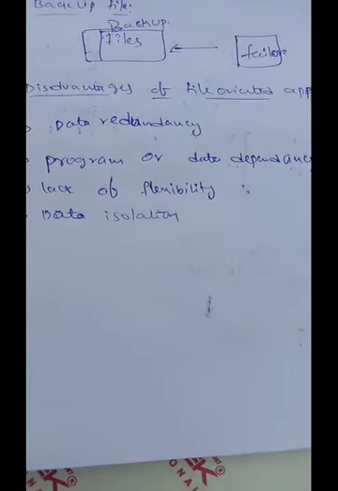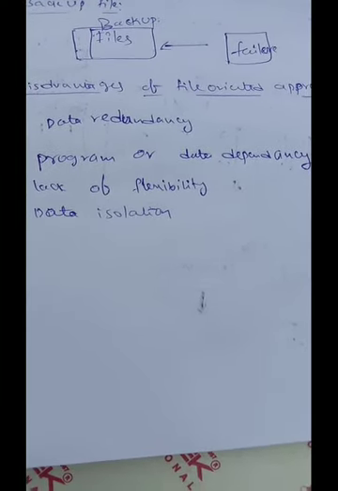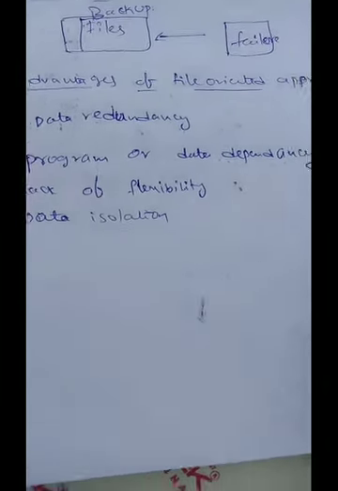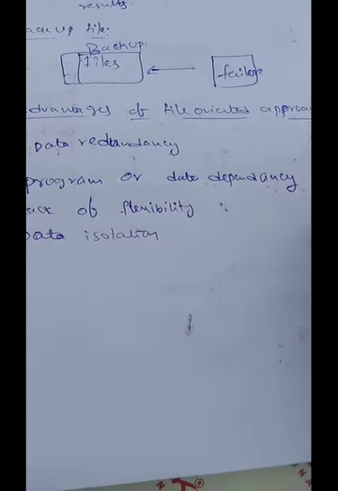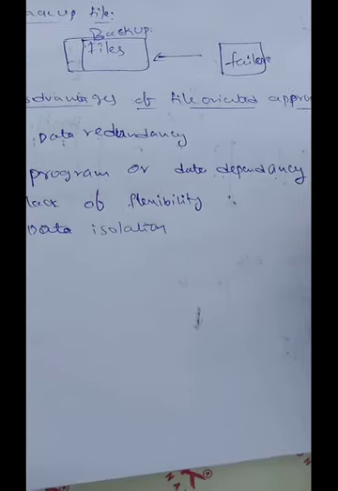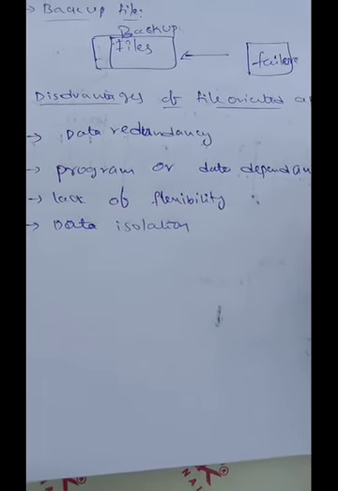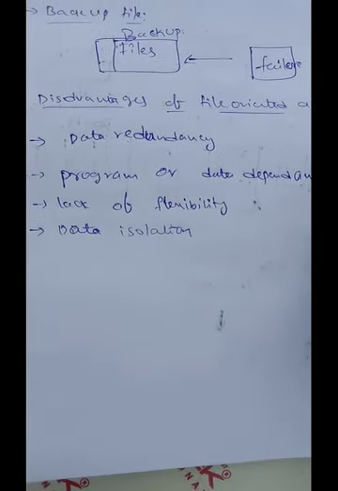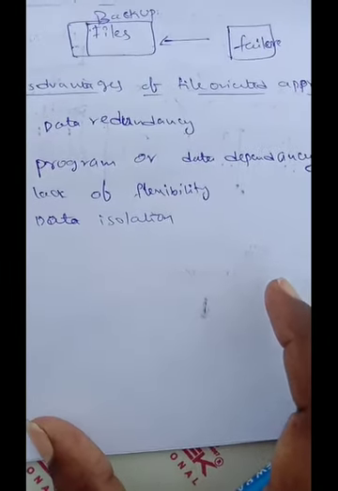If any changes are made in the program, they must also be reflected in the file. So to change the data, we have to change the application program in the way the file oriented approach is designed. Files are mainly part of the file oriented approach.